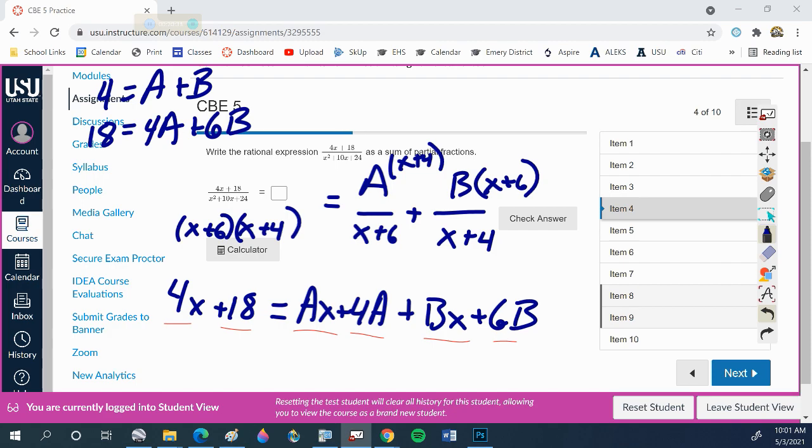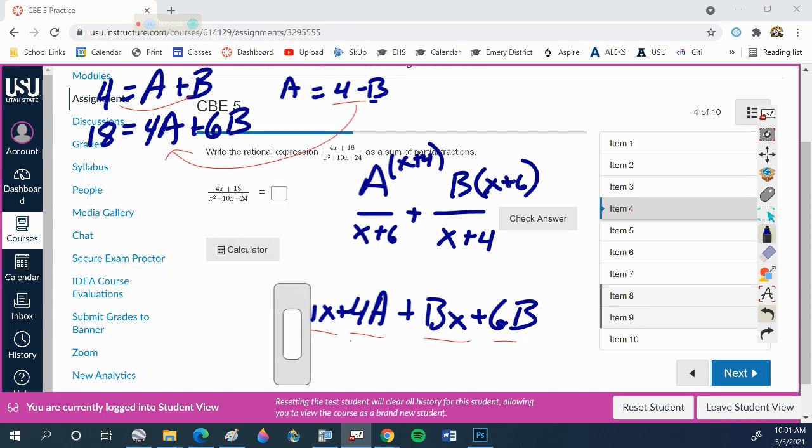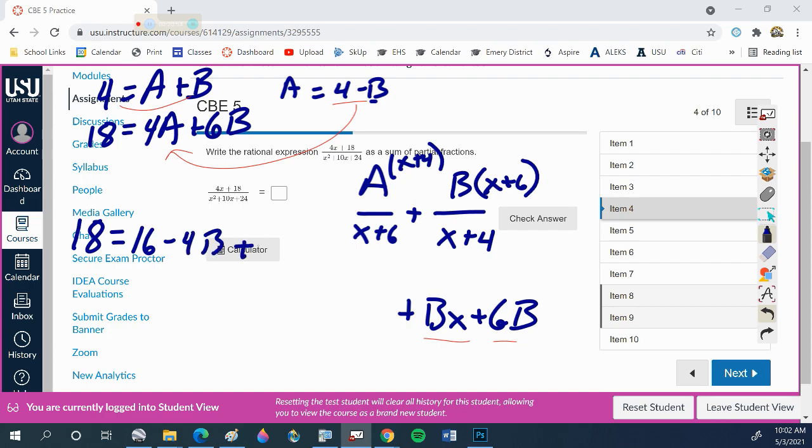I'm just going to do substitution. So I'm going to subtract b. A equals 4 minus b. Stick that in for a. 18 equals 16 minus 4b plus 6b.